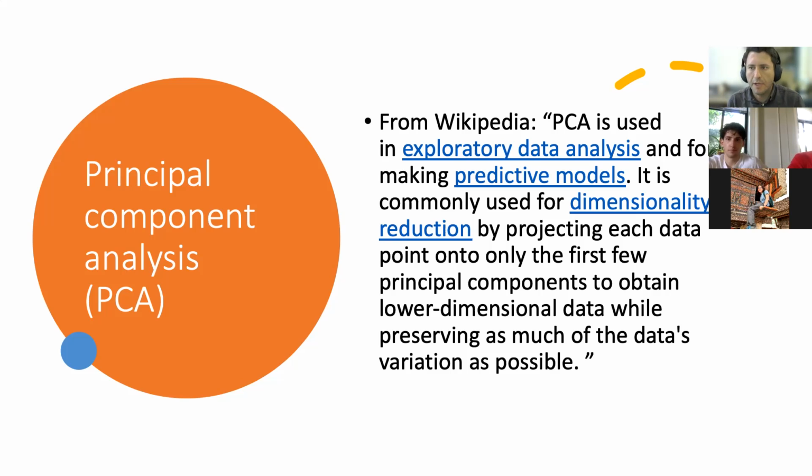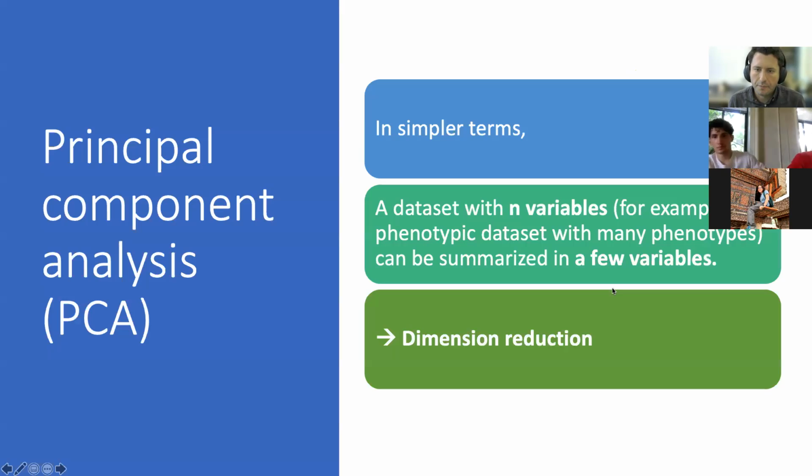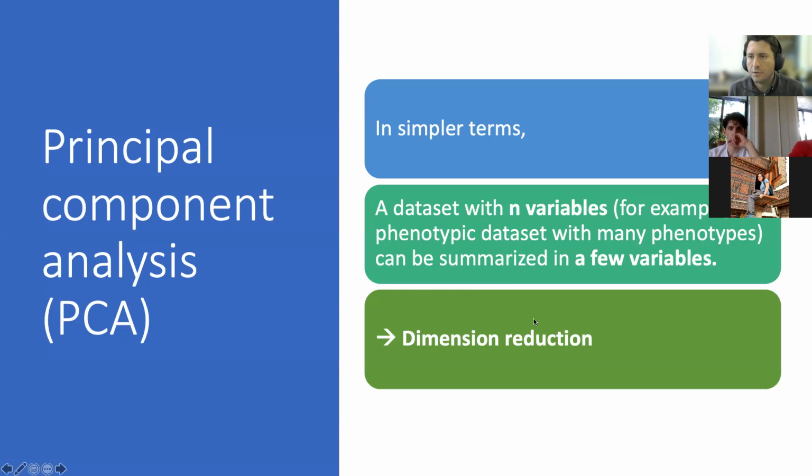So there are different ways that PCA can be used, but that was just one example. So in simpler terms, if we have a data set with so many variables, we can reduce the dimensions into just one or two, and then explore the data in simpler plots.